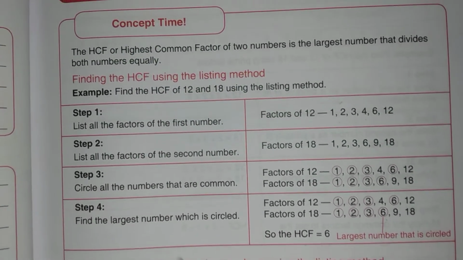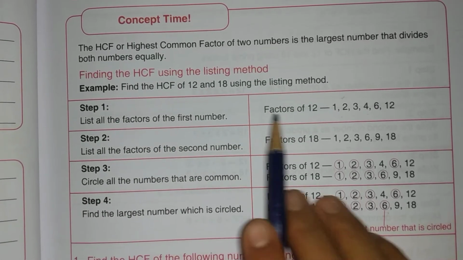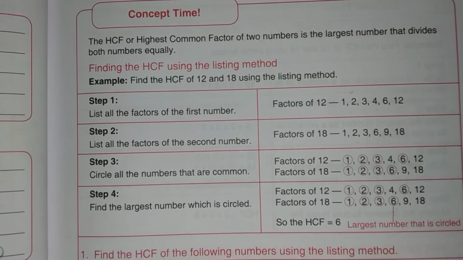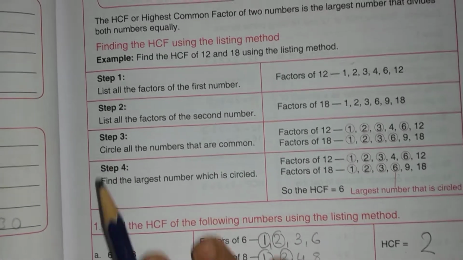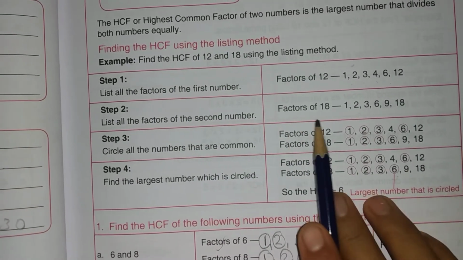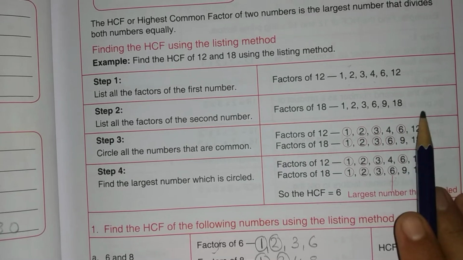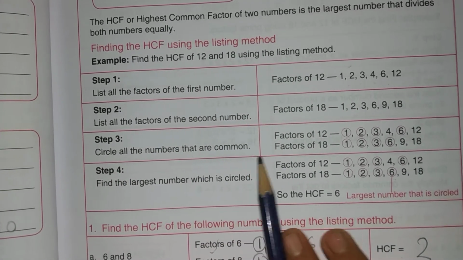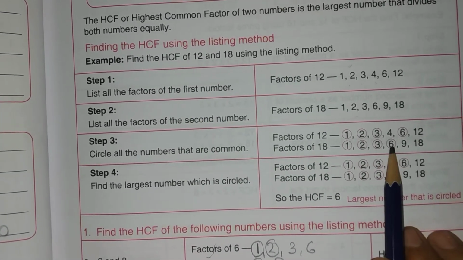For example, step number 1, list all the factors of the first number, 12: 1, 2, 3, 4, 6 and 12. Step number 2, factors of 18: 1, 2, 3, 6, 9 and 18. Step number 3, circle all the common numbers. So in that, 12 and 18, the common numbers are 1, 2, 3 and 6.